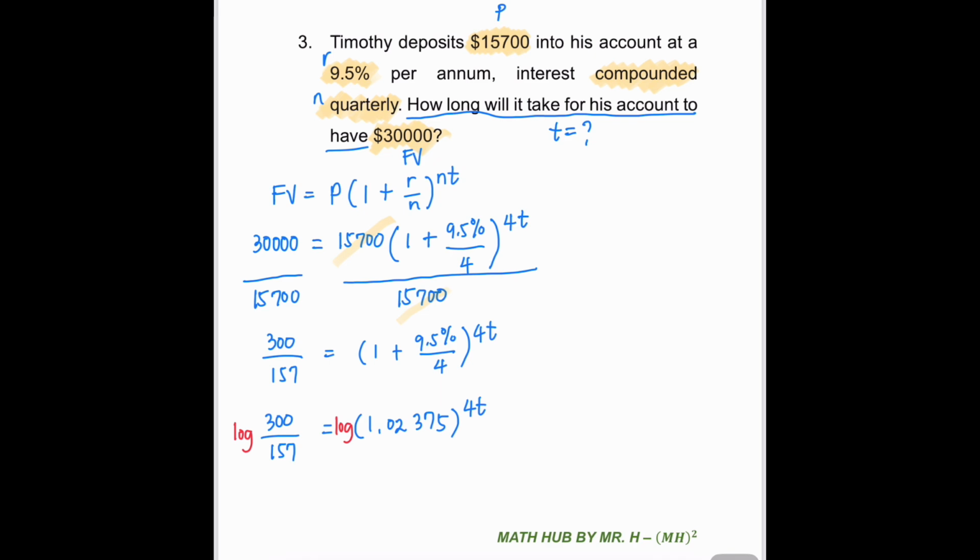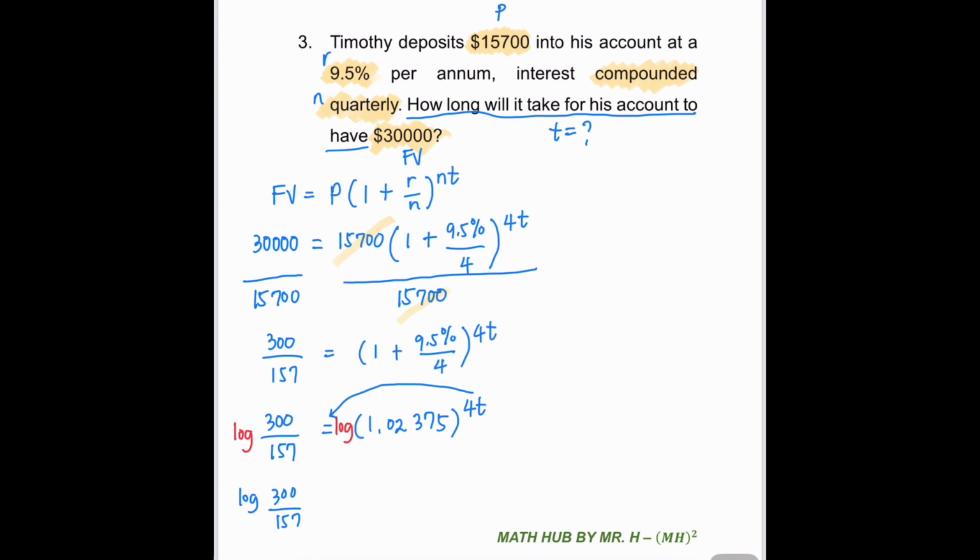And from here, I can just copy the left-hand side, which is log 300 over 157, and it will be equal to the right-hand side. This is where we will be applying another property, in which 4t, which is the power, will be put to the front.